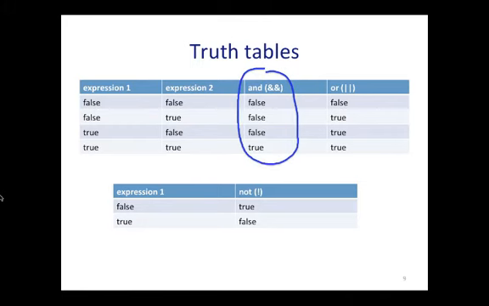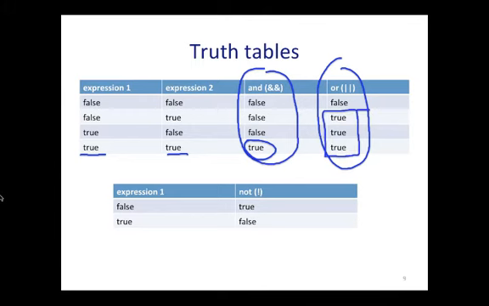This column shows what happens if I combine two expressions using or. And you'll immediately see that and is much more restrictive. It only has one true outcome, and that is when both of its expressions are true. Whereas or is much more permissive. It has 3 true outcomes. In fact, the only time it's false is when both of its expressions are false.